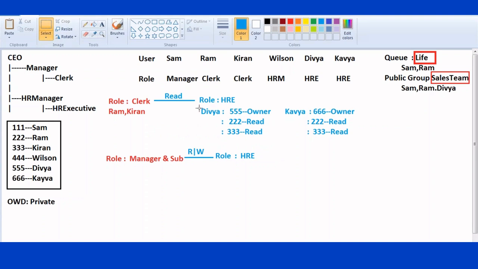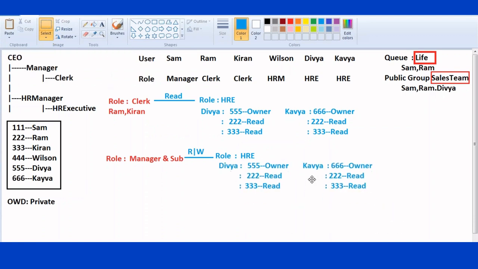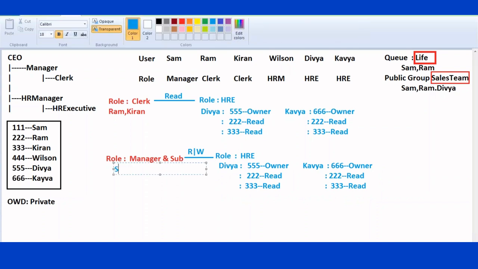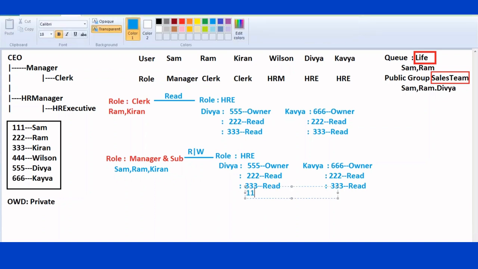So when I say role and subordinates of HR manager, who are having the role and subordinates of HR manager? Divya and Kavya. Who is having the role of manager and subordinates? Manager is Shah. So which records are they able to see now? They are able to see 111.